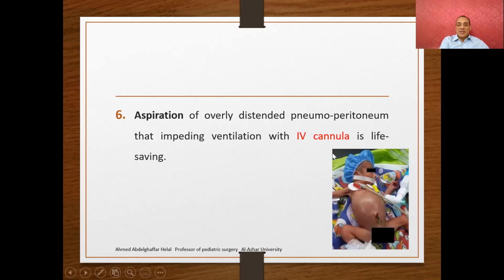So with an intravenous cannula, please aspirate this pneumoperitoneum to relax the abdomen. Aspiration of the overtly distended pneumoperitoneum that is impeding ventilation is life-saving, performed as an early maneuver at the bedside, inside the incubator or the ward, before any attempt at surgical evacuation.